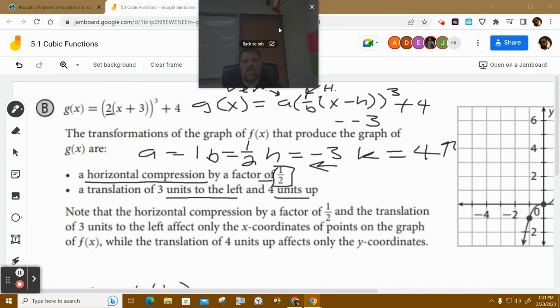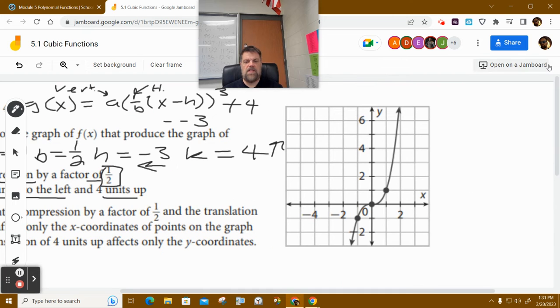So now over here, this is my parent function, and I'm going to make this a different color. This line right here is the parent function of just x cubed. And you get familiar with it. Whoops, I went a little crazy on there.